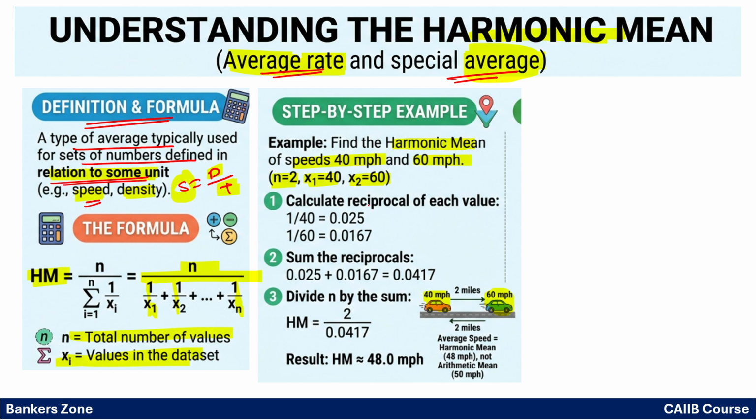First we need to find the reciprocals, so calculate 1 by 40 and 1 by 60, then simply add the reciprocals and you will get the sum. Then n is divided by that sum, right? So the formula is very simple: n upon 1 upon x1 plus 1 upon x2 and so on. So you will get the harmonic mean. Remember that the formula is important. Once you know the formula, you will get the idea.